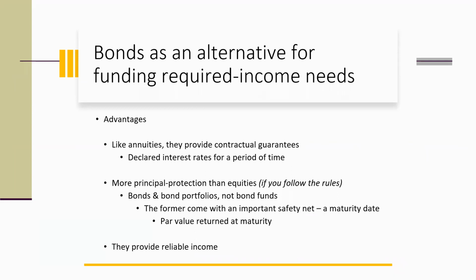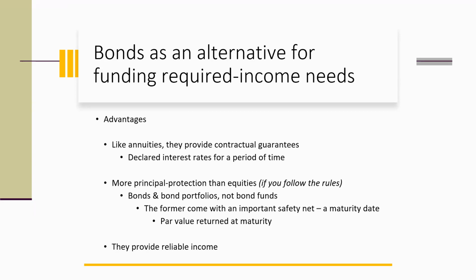Now, advantages of bonds, like annuities, they pay a declared rate over a period of time. They certainly offer a level of principal protection. If you buy a bond, let's say that's a 10-year bond, and it's paying 3% for 10 years, that company is going to pay you that 3% coupon over that 10-year period. And then what happens at the end of that 10-year period?